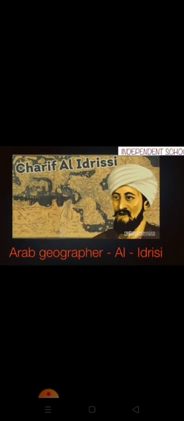So this is the Arab geographer Al-Idrisi who drew the map of India in 1154. Okay, so this was the map. So here you can say this is our India and this is Sri Lanka.